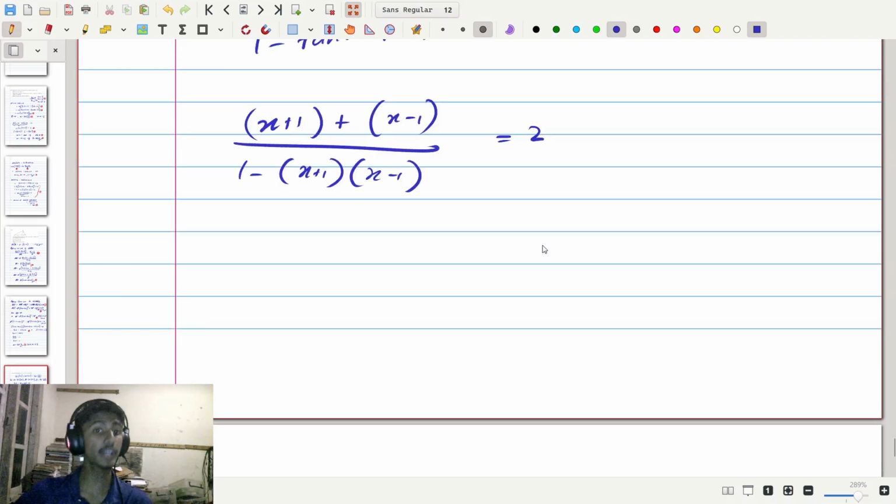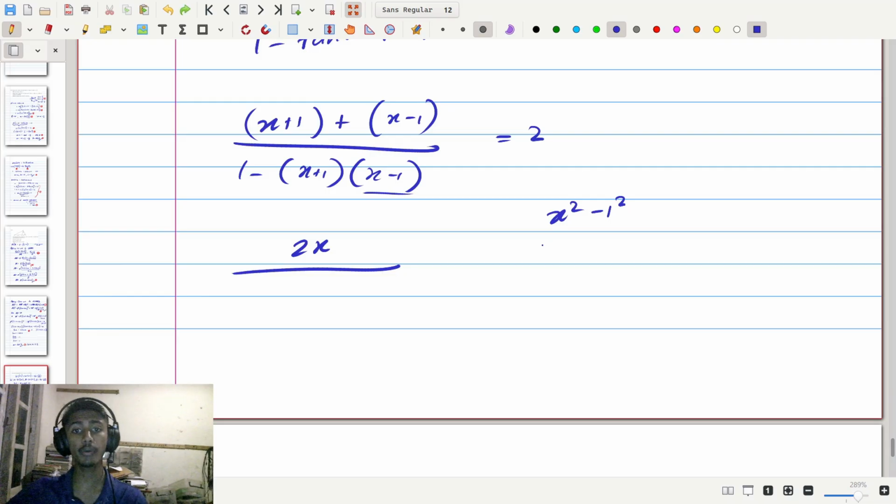Now simplifying this, on top we get x plus 1 plus x minus 1, where plus 1 and minus 1 cancel, leaving us with x plus x, which is 2x. So on top here we have 2x divided by, and at the bottom we have 1 minus x plus 1 times x minus 1. Now x plus 1 times x minus 1 is the difference of squares, which means this term is x squared minus 1 squared, which is x squared minus 1.